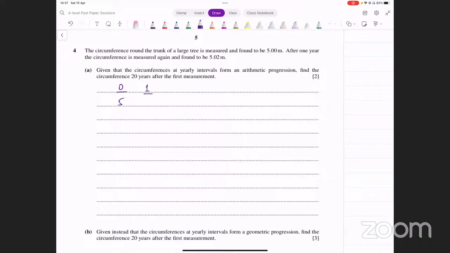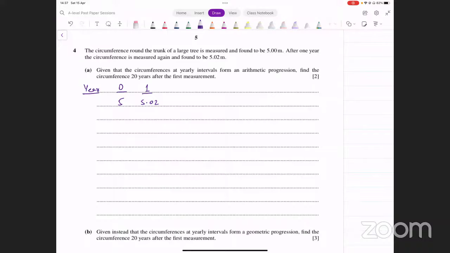So after the first year, it turns out to be 5.02. Now, given that the circumferences at yearly intervals form an arithmetic progression, that means इनका difference जो है वो constant है. Find the circumference 20 years after the first measurement.